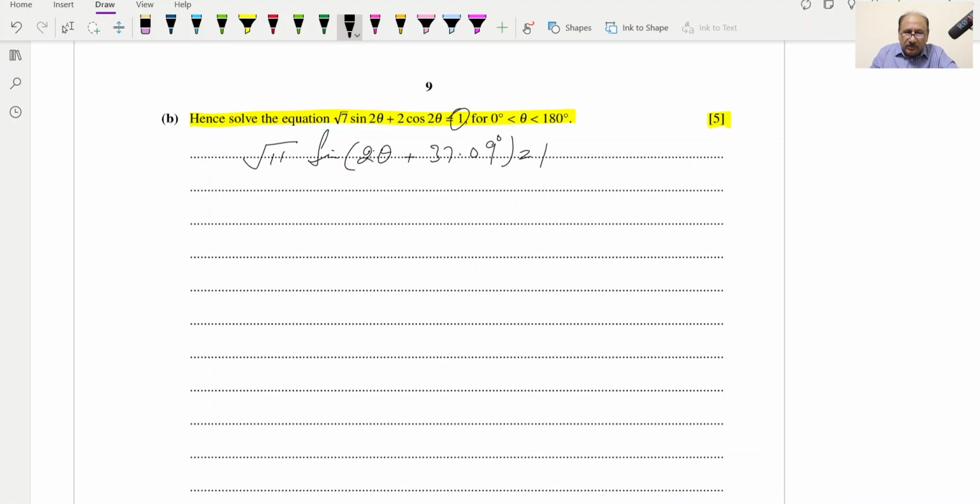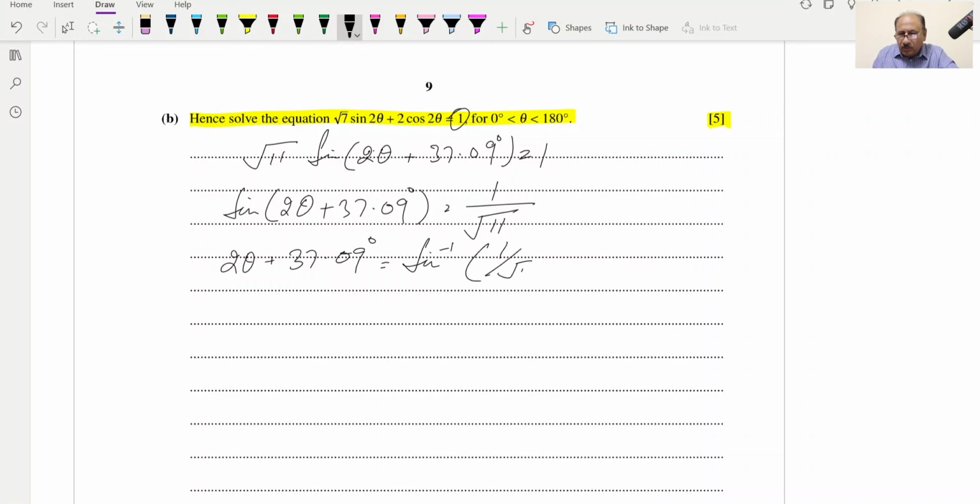Now we can shift this root 11 to the other side, so our equation will become sine of (2 theta plus 37.09 degrees) equal to 1 over root 11, and we can shift sine to the other side, so 2 theta plus 37.09 degrees will be equal to sine inverse of 1 over root 11.